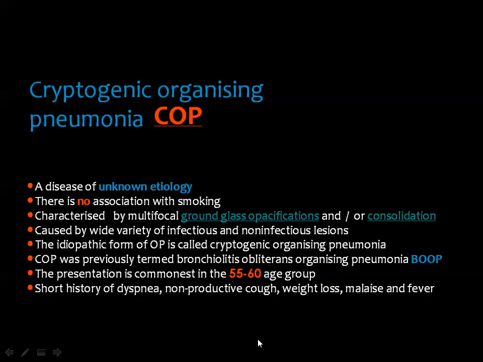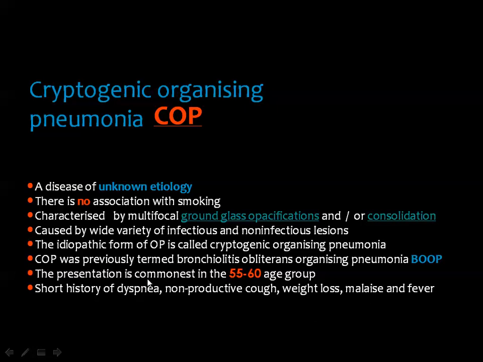Then we go to one of the types of pneumonia, which is known as organizing pneumonia and/or cryptogenic organizing pneumonia. This is a disease of unknown etiology and is not associated with smoking. The presentation of the disease is usually between 55 and 60 years of age.